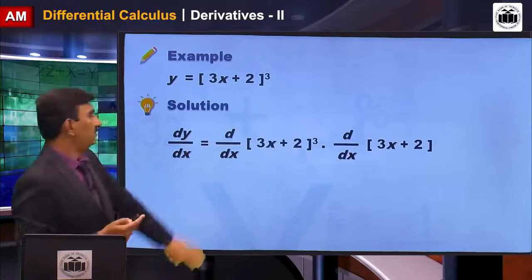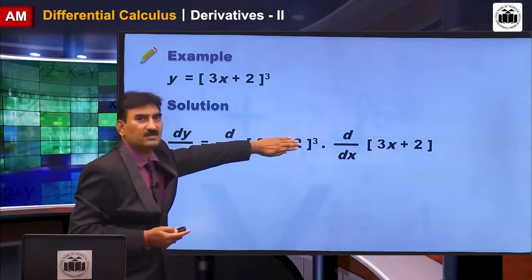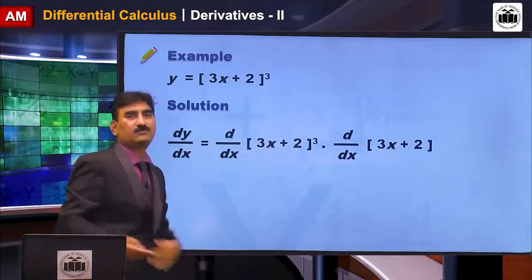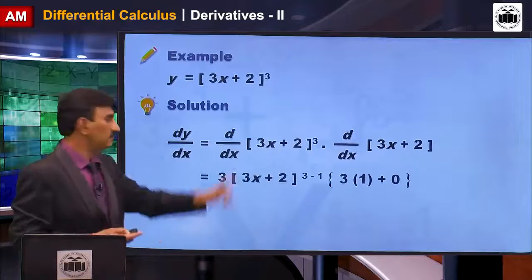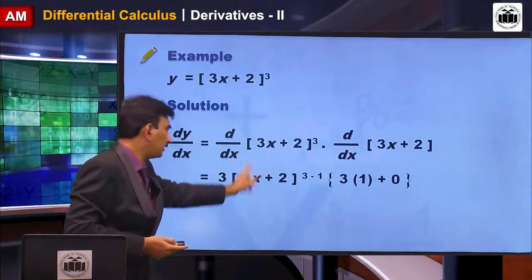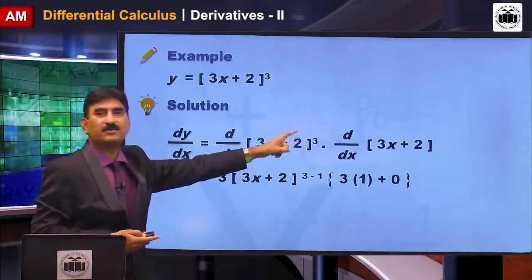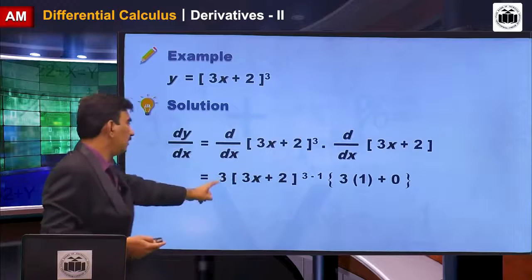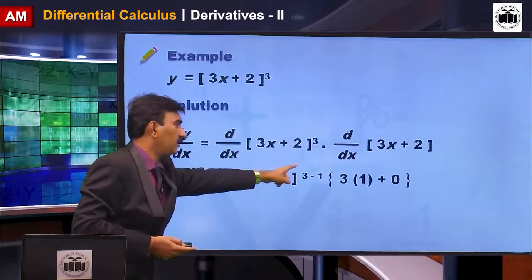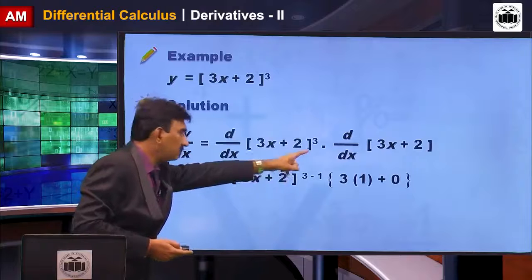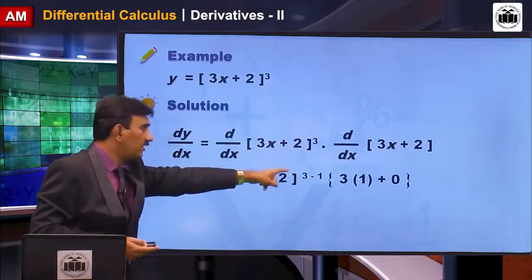That means first you think only about this power just like x raised to n. So what we get? 3 bracket 3x plus 2 raised to 3 minus 1 into again derivative of 3x plus 2. Now here 3x plus 2 raised to 3 minus 1 is 2 and here 3. What is the derivative of x?